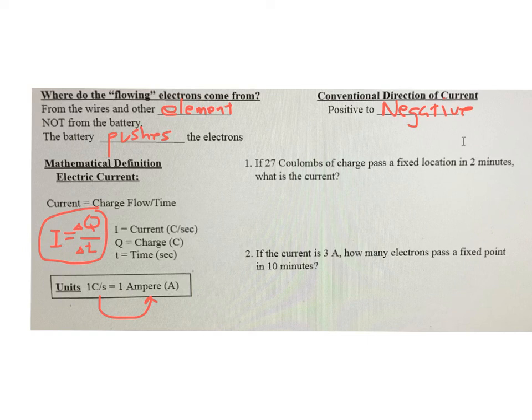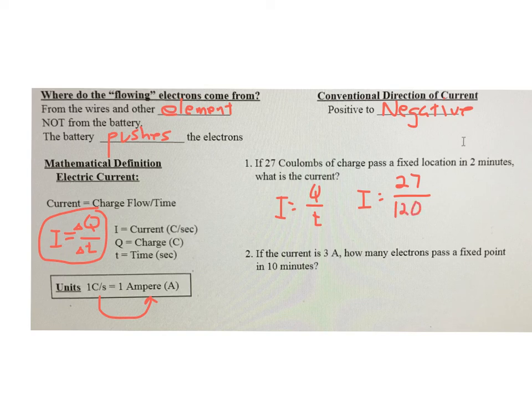All right, here's a couple of problems. If 27 coulombs of charge pass a fixed location in 2 minutes, what is the current? Well, we have the equation I equals Q over T, and the charge is 27 coulombs, but we need time in seconds. 2 minutes is 120 seconds, and each minute is 60 seconds.